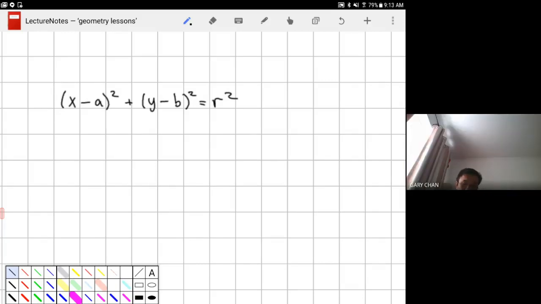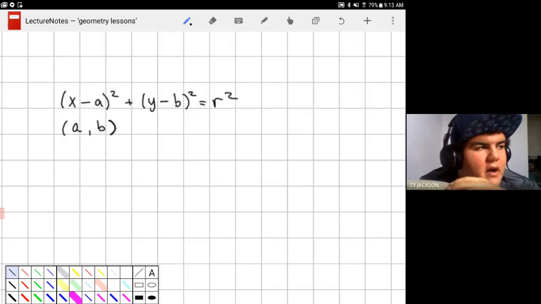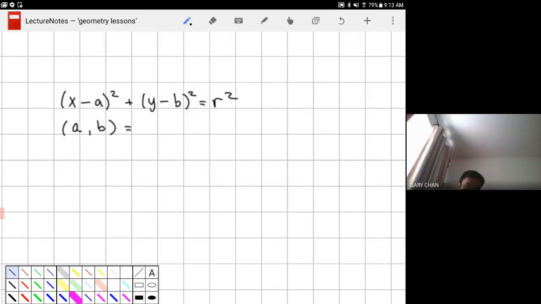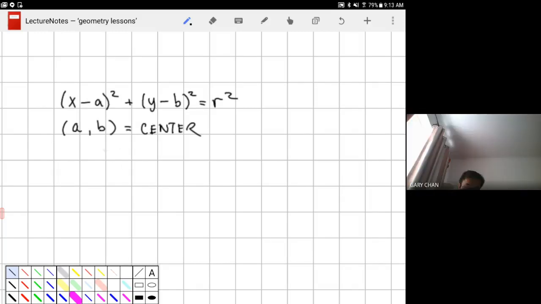Okay, so what is meant by A and B? The points that circumscribe the circle. This is actually the center. What's R? The radius. Yeah, it's the length of the radius.